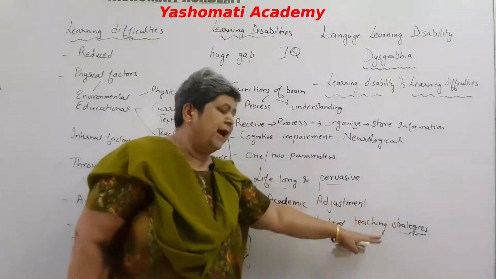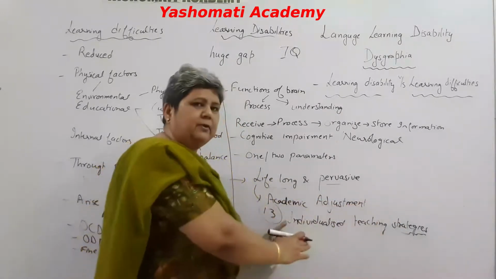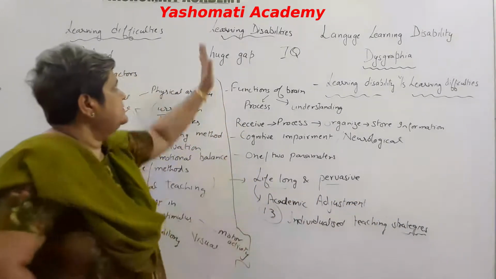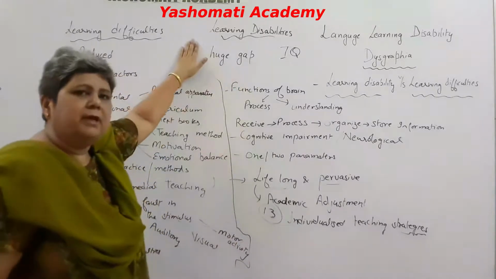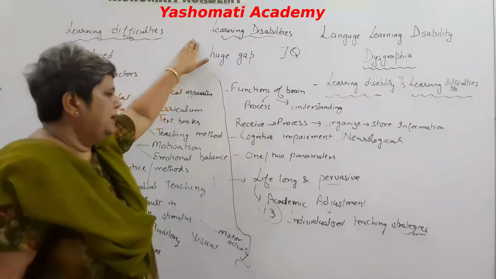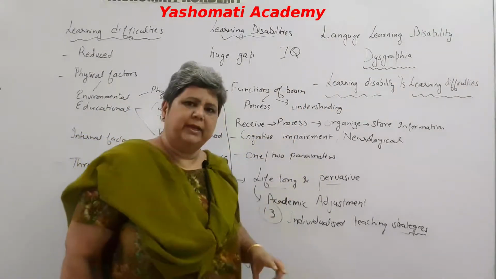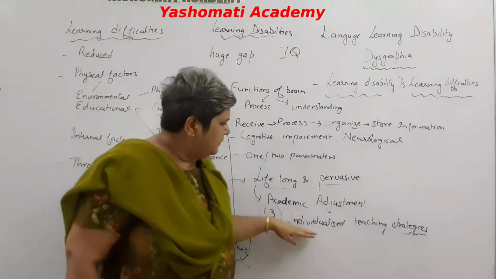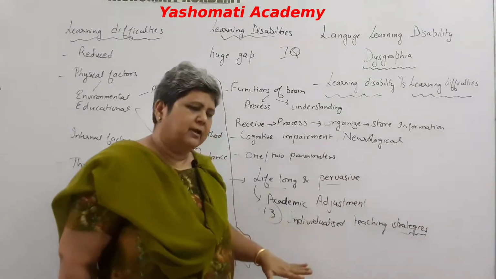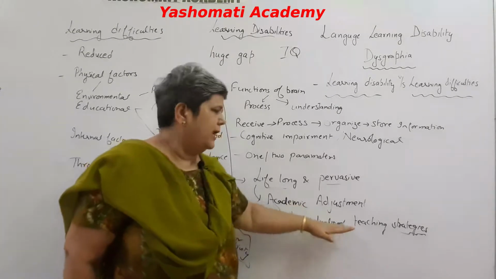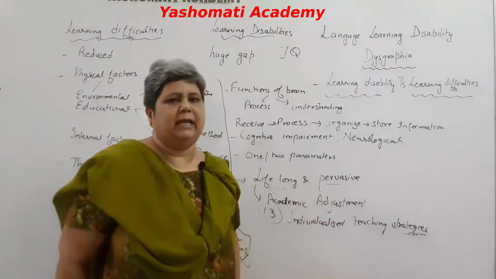They have to plan individually for that particular learner. Why? Because these disabilities may be at different levels. They may be at a very severe level, at a moderate level, or a very initial level. So depending upon the capability of the learner, you will have to make an individualized plan.